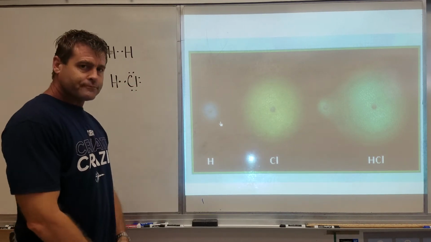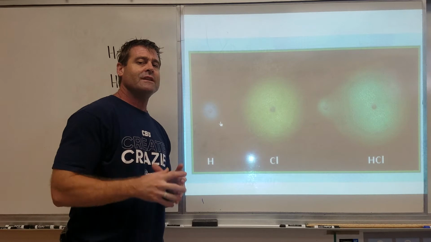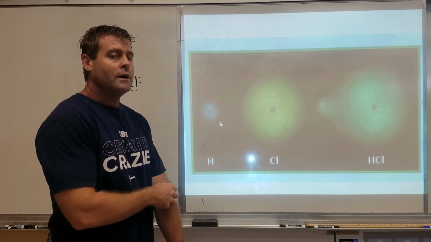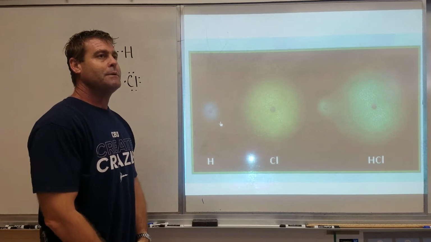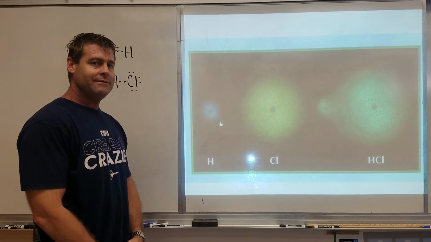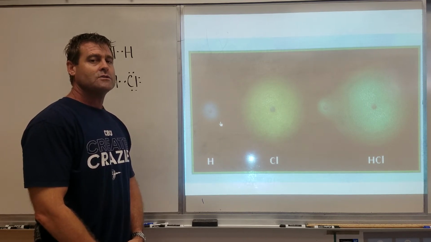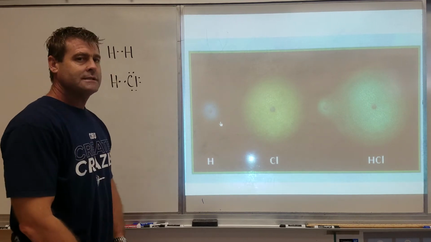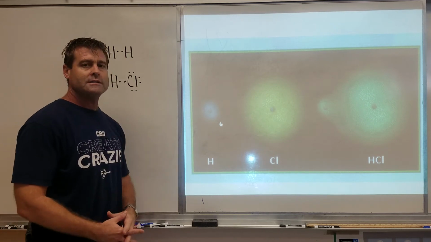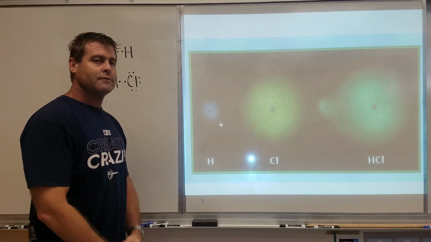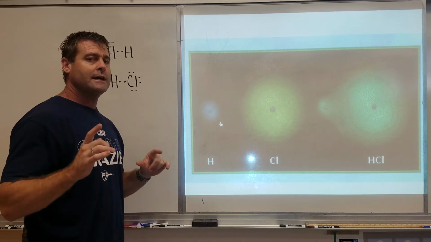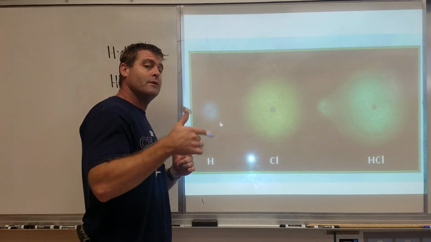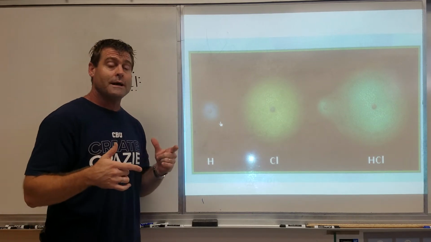The question is, are those electrons being shared evenly or unevenly? Well, hopefully you guys would realize they're being shared unevenly. And the question is, which nucleus, the hydrogen nucleus or the chlorine nucleus, is going to have a stronger attraction for those electrons? Hopefully you would guess correctly from the lesson two lessons ago about electronegativity.